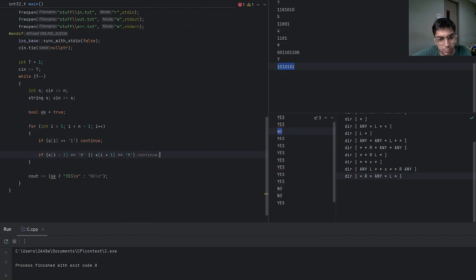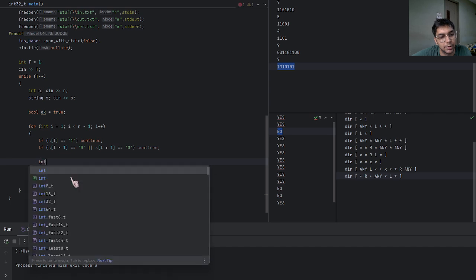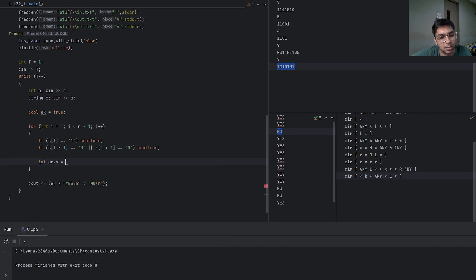You continue because double, right? So double or more double. The other one is basically checking the next and previous one, I think.